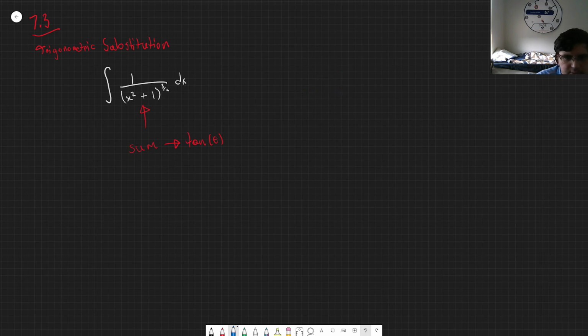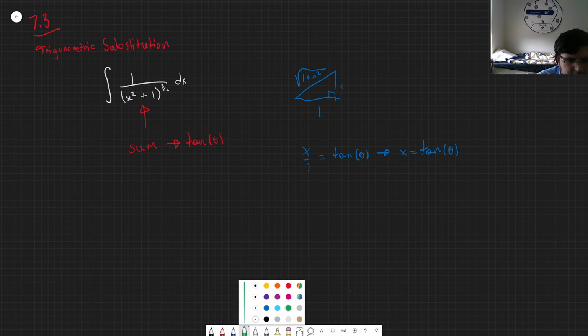Sorry, my triangle sucks. I'll redo that. That's not much better, but we'll keep it. So x over a, we're going to have x over 1 over the square root of 1 plus x squared. So we're going to want x over 1 equals tangent theta, x equals tangent theta. This is good. We don't have to do much setup for this, which is awesome. Okay, so I'm going to evaluate this in green.